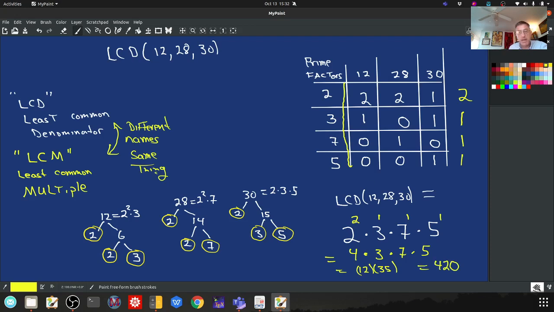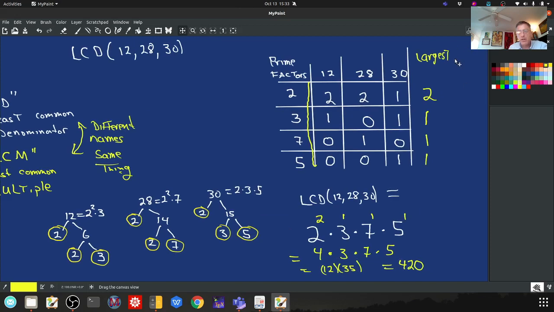So the thing about the difference here using this table is we take the largest number in each row. For the GCF, we took the smallest, now we take the largest, and then we take each prime and raise it to that number.